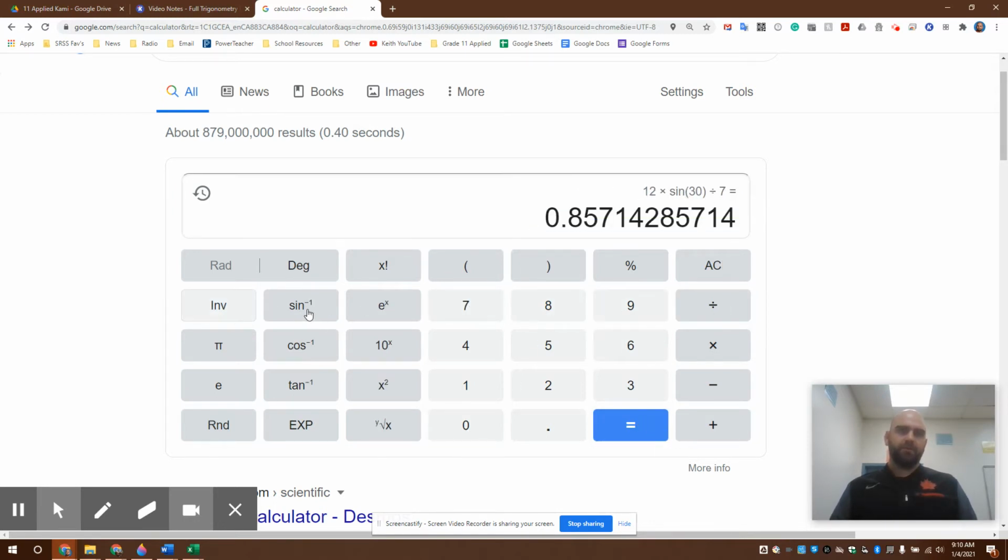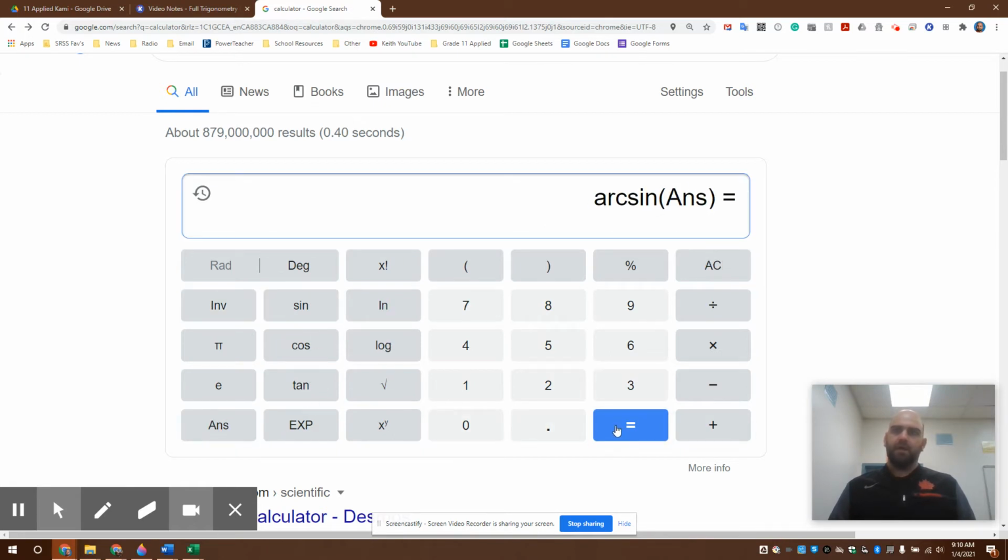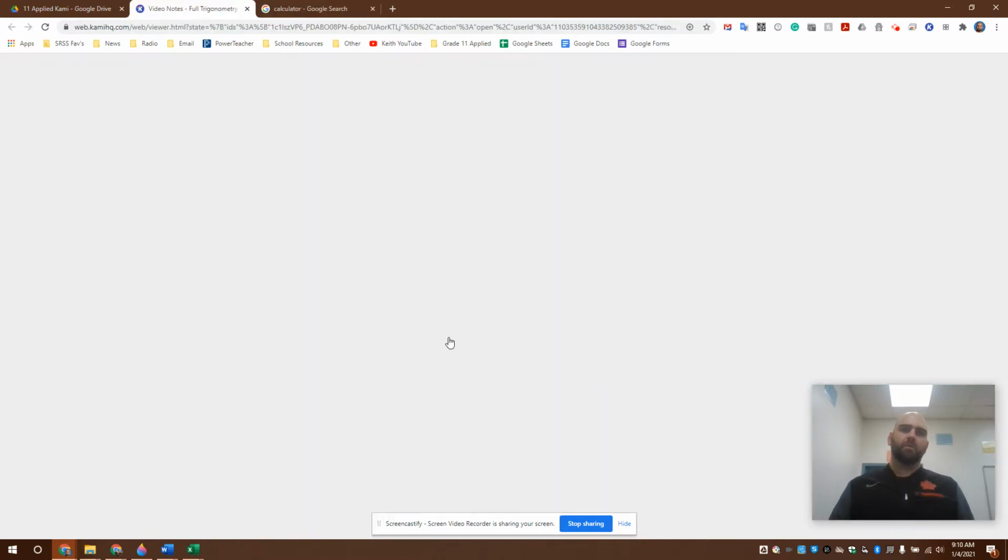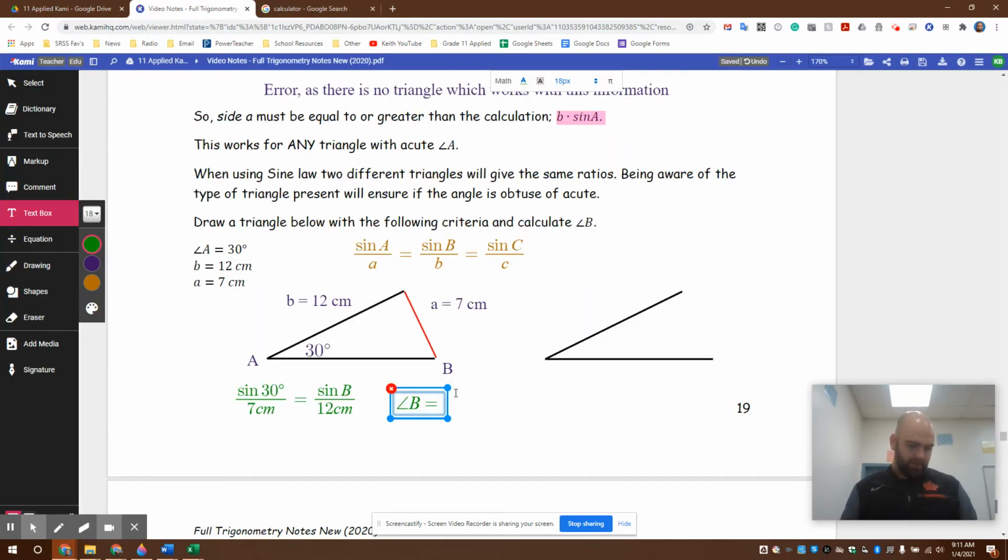And we do inverse sine of our answer, and we get 58.997, or 59 degrees. So we're just going to call that 59 degrees. So B is 59 degrees, pretty exact. It was pretty darn close in our measurement. So this angle right here is 59 degrees.